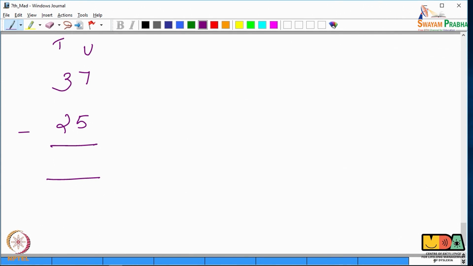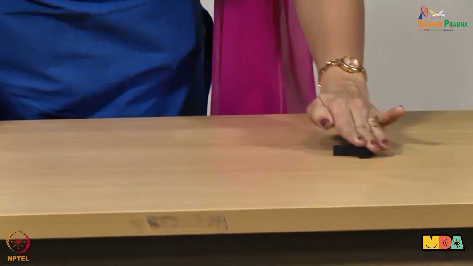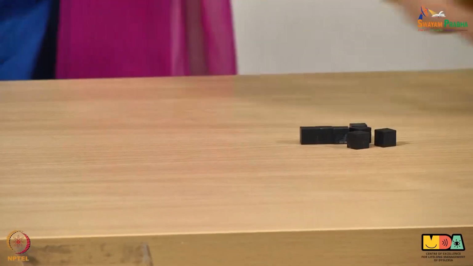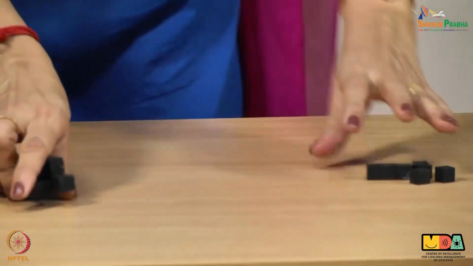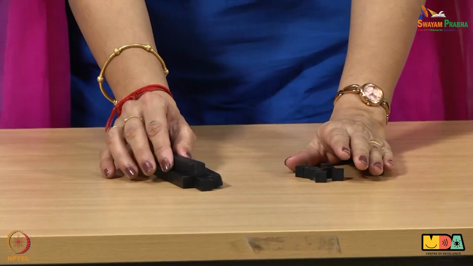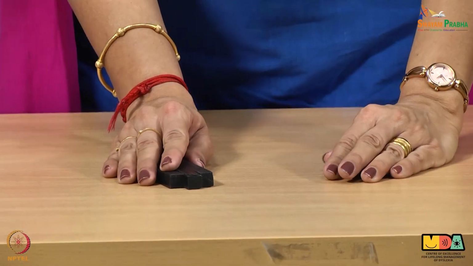Now, they need to take 7 of the cubes that will represent the units and 3 of the rods that will represent the tens. Now, these 3 rods and 7 cubes stand for 37.